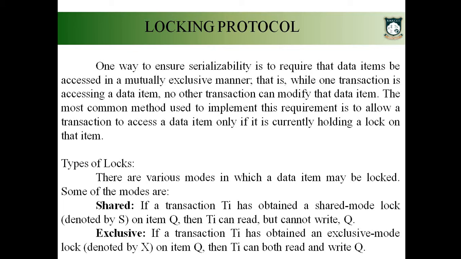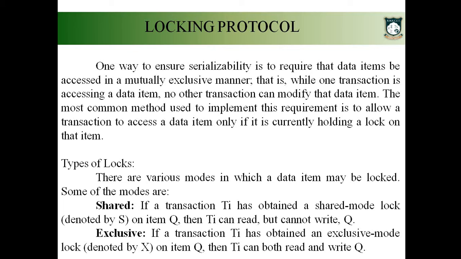Say, for example, there is a transaction T1 which wants to read the data item A. Before reading A, the transaction T1 should lock the data item. Similarly, if a transaction wants to write, before that it has to lock. So that's the concept of lock based protocol.